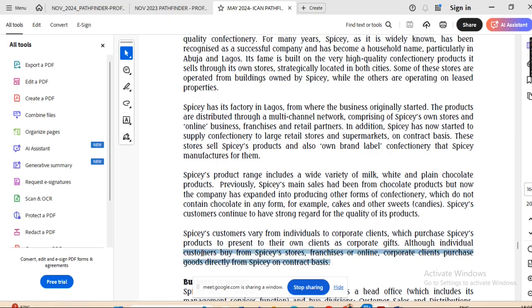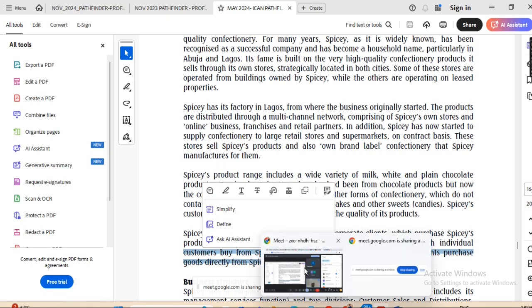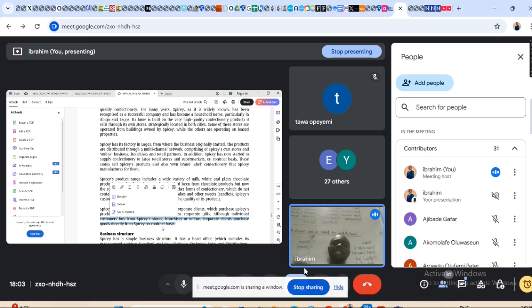Now, something should come to your mind. That is why at this stage, you have to think as an analyst, right? The corporate clients can get the goods directly from Spicy on a contract basis.